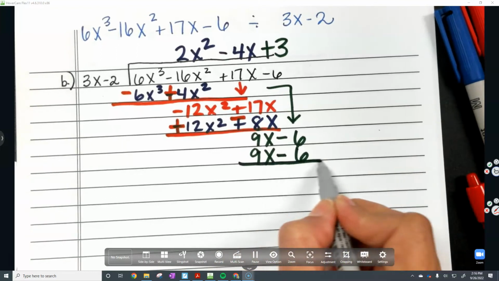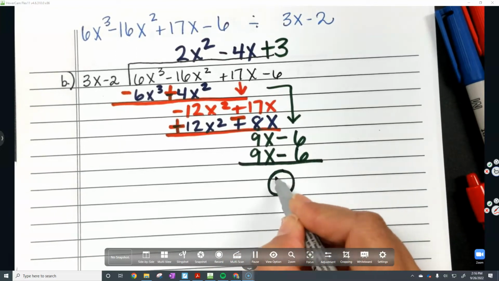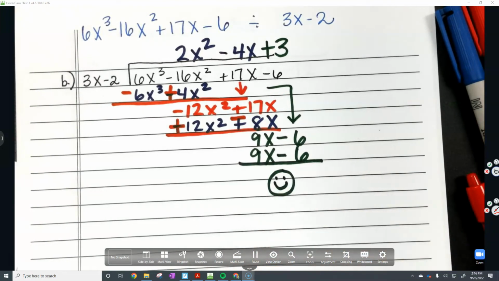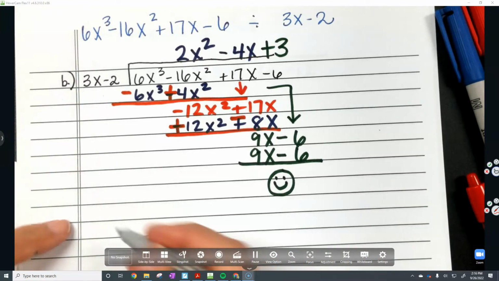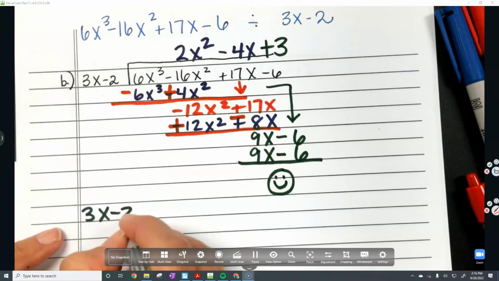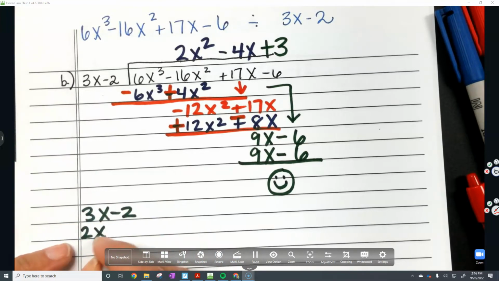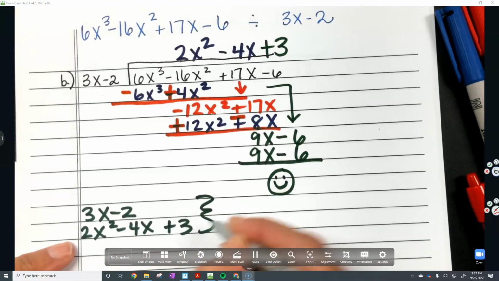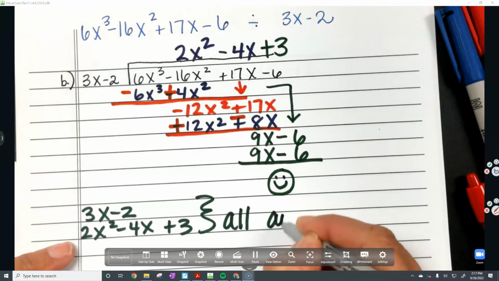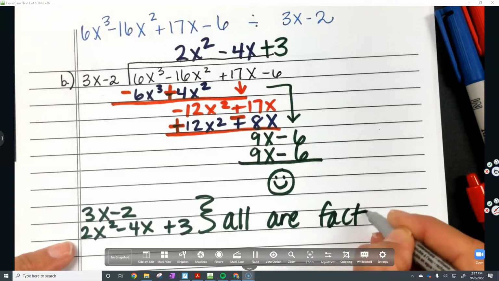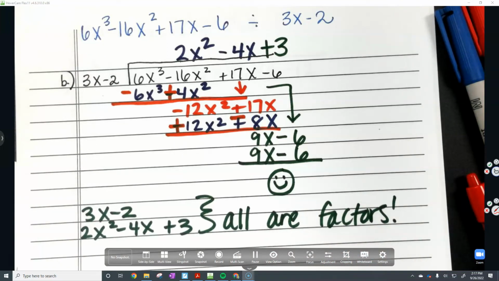So there's no remainder. And I know factors. I love that. I know one of my factors is 3x minus 2. I know another factor is 2x squared minus 4x plus 3. All are factors. And that's what we're in the business of, finding factors.